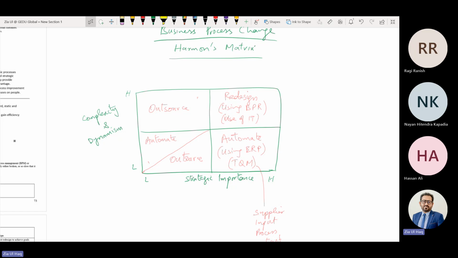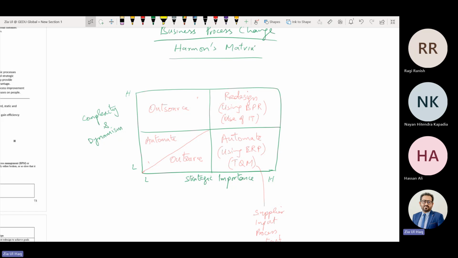Processes that are strategically highly important and have high complexity and dynamism, we should redesign using BPR, business process redesign, or business process re-engineering, meaning use of IT. If they are manual, convert to computerized. If they are already IT based, move towards high IT solutions.